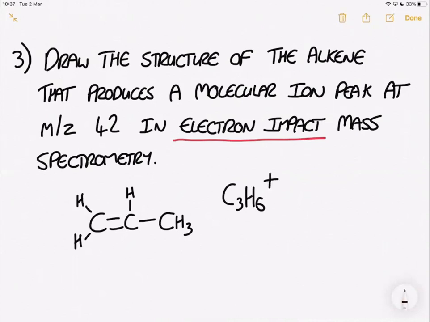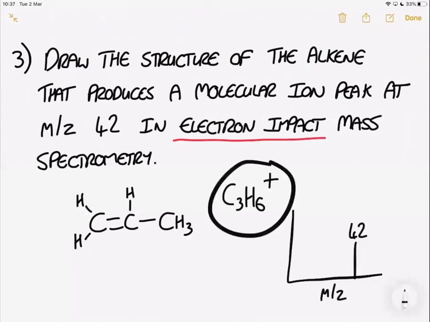So it's still got 3 carbons, it's still got 6 hydrogens, but it has lost an electron by electron impact ionization. And so the signal that you see in a mass spectrum at m/z 42, okay, is due to this. It's not just due to propene, it's due to the molecular ion formed by electron impact ionization of propene.